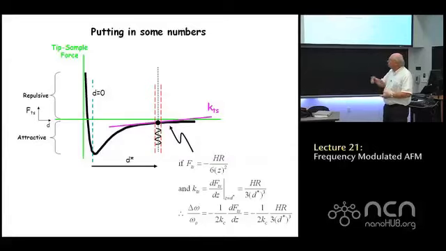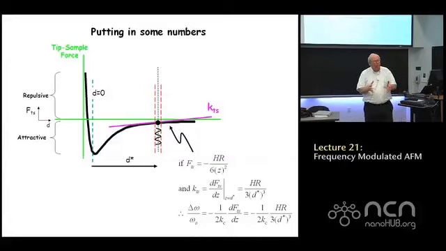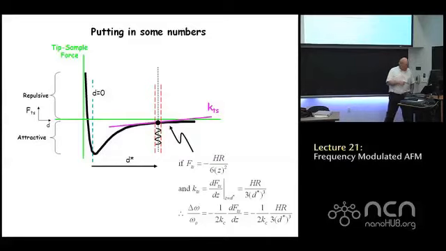So with this model, you can then evaluate what the tip sample spring constant is. It's a simple derivative, and then you can start to calculate what the frequency shift is as a function of the tip sample separation, d star. Right? So again, it's just working out arithmetic and using the results on the previous slide.